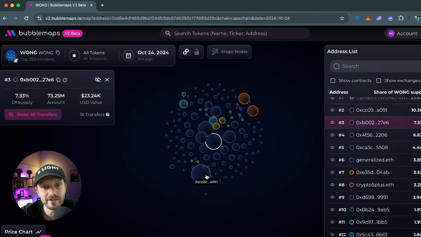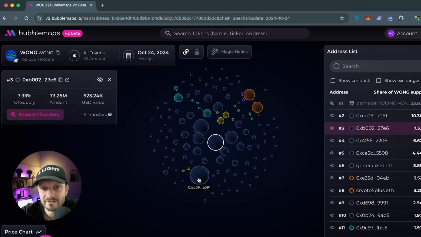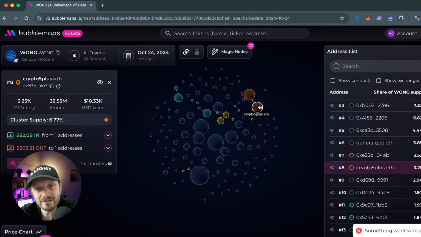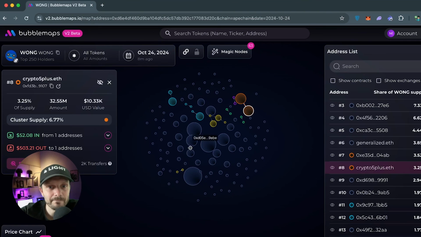So this was the launch date, and imagine this wallet holds 7% of total emission, this 10%, this 6%. So guys, when you see something like this at the beginning, it can't be a fair launch. A fair launch is when you see dozens or hundreds of bubbles not connected, right?